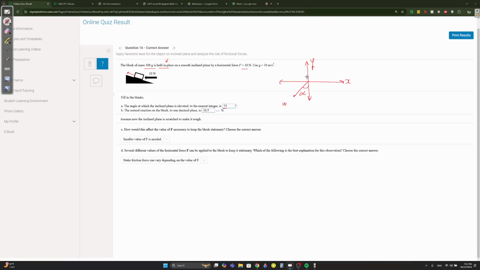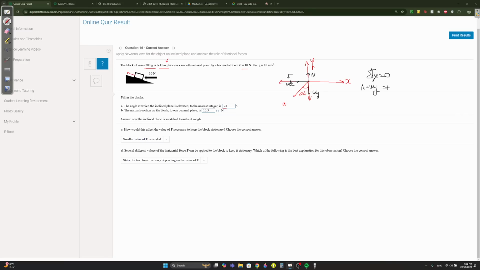We have obviously Wx, Wy, and we also have a force pushing it to the left, and we have the normal reaction. Is it going up or down? No. So sigma Fy is equal to 0. So that means N is equal to Wy.